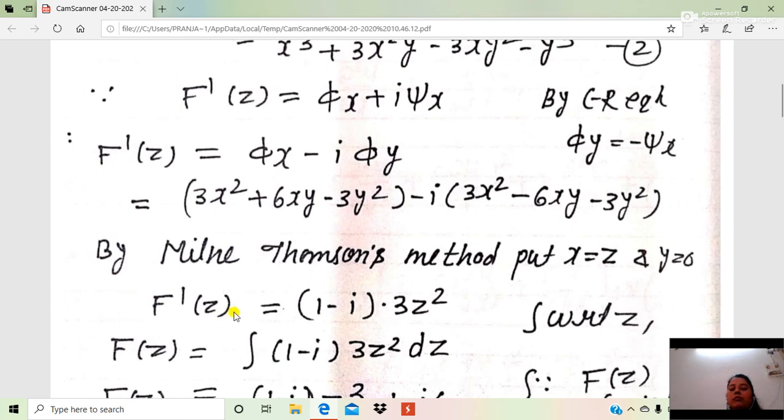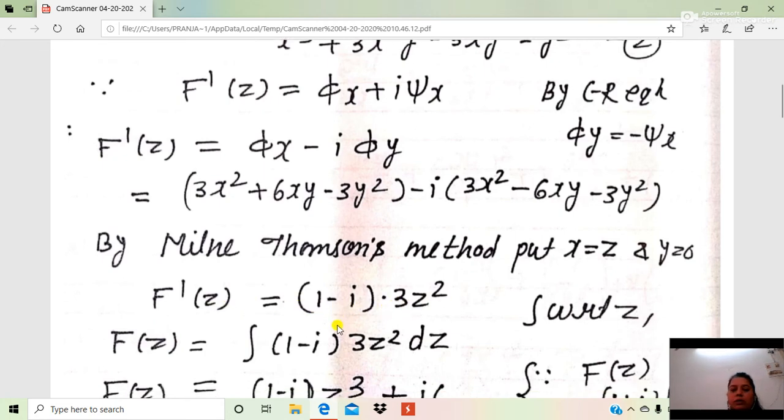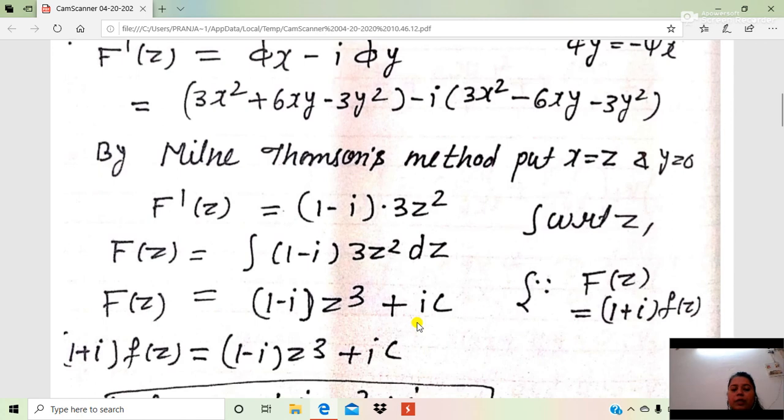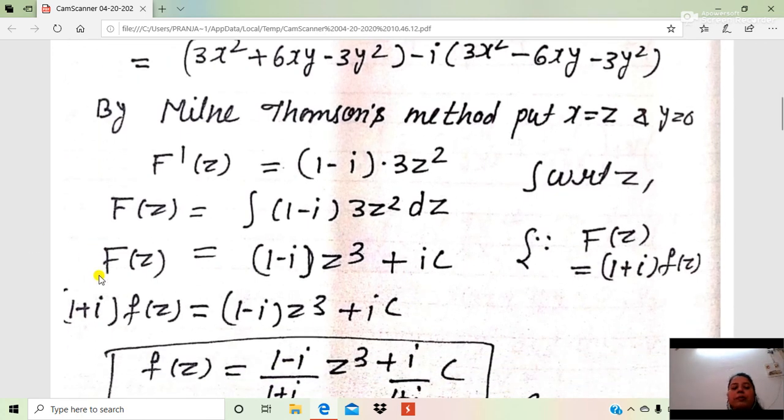To get the value of f(z) from this equation, we integrate both sides with respect to z. The value of F(z) will be (1 minus i) into the integration of 3z square with respect to z, so the integration will be (1 minus i) z cube. Since we have our real part, the constant should be imaginary, so we put a constant iC over here. This is the value of capital F(z).